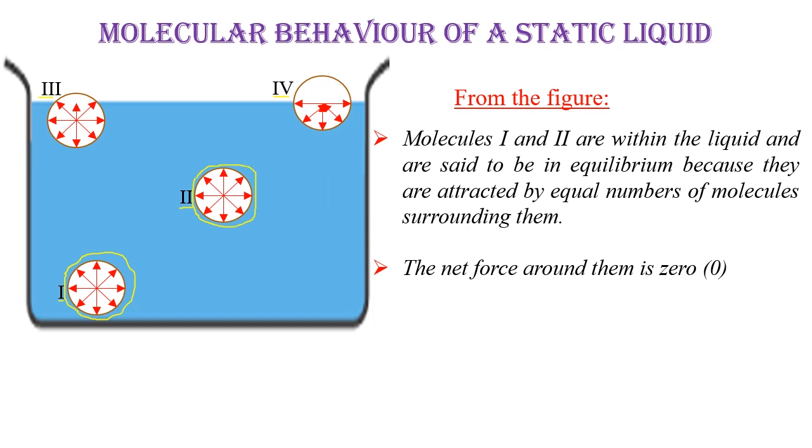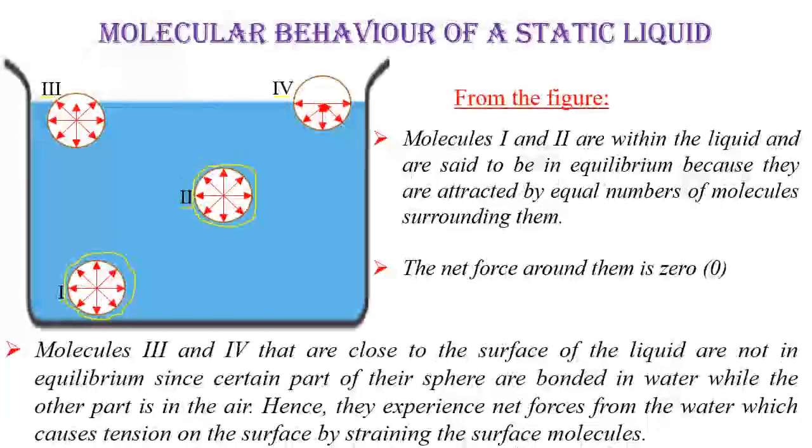That means the net force around molecule 2 is also 0. However, let's take a look at molecules 3 and 4. Molecules 3 and 4 are close to the surface of the liquid and are not in equilibrium since certain parts of their sphere are bonded in water while the other part is in the air.